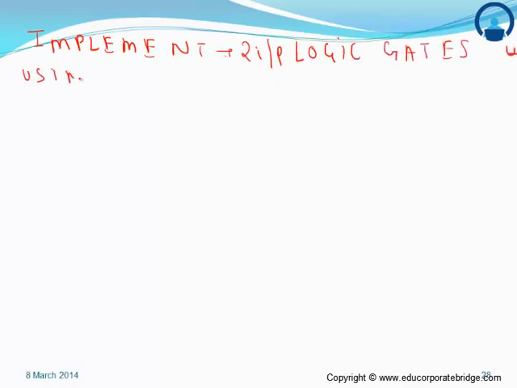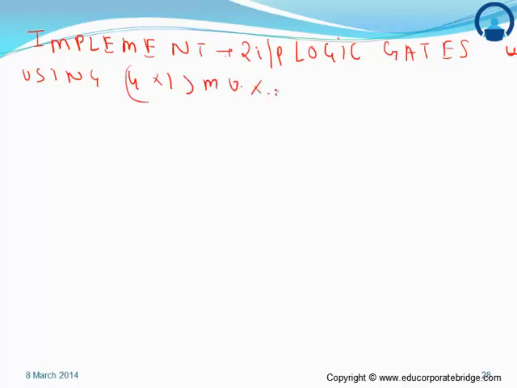Now let's study the application of mux, how the mux can be used to implement logic gates. Let's study first the implementation of 2 input logic gates using 4 cross 1 mux.